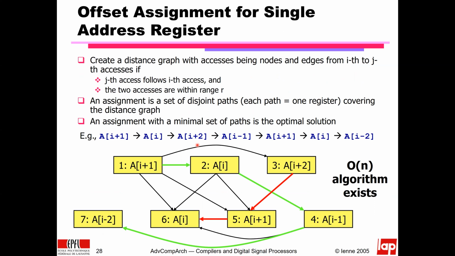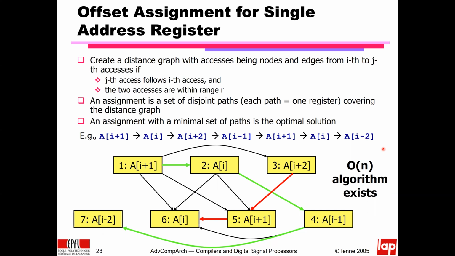The situation that we want to have is that we have a sequence of accesses. In this case, for simplicity, they are all to the same array. It's again a sequence that is given, and the question is, how shall I allocate the address registers so that every access is done without reloading any of the address registers?